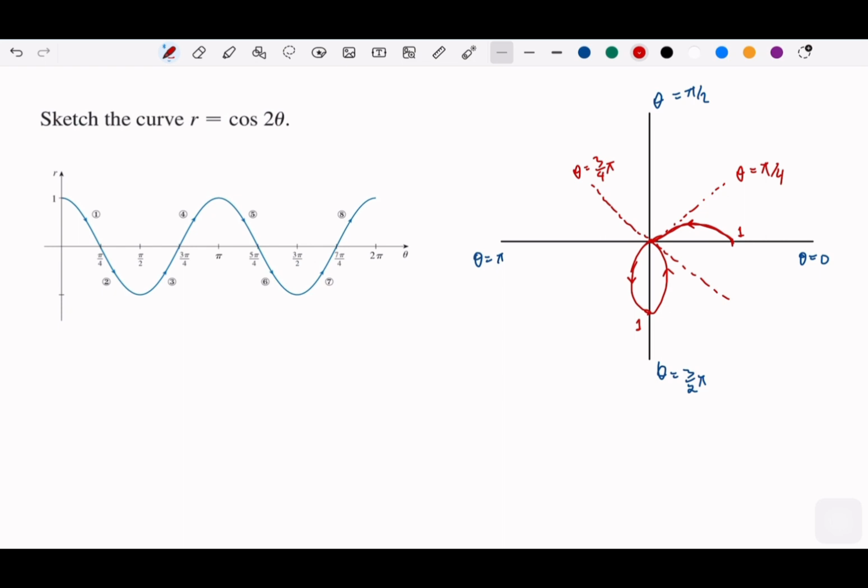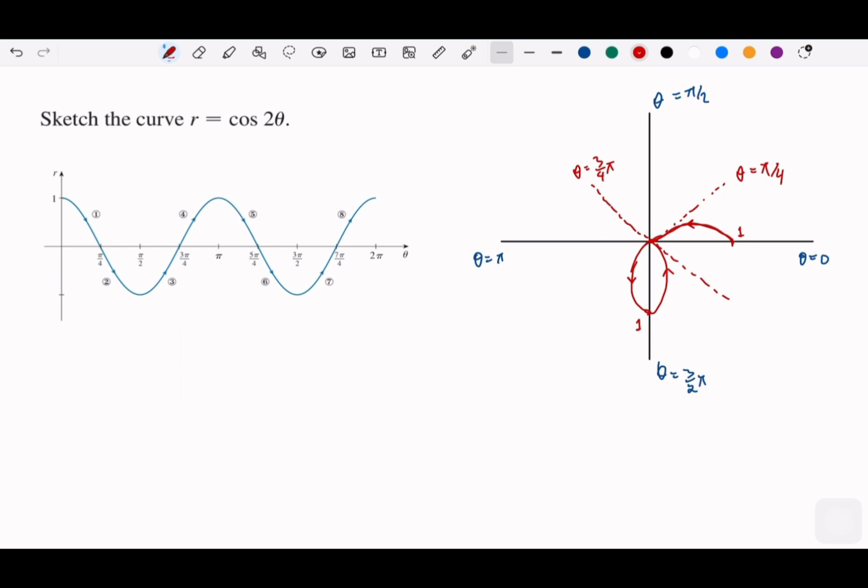Now back to the positive, we move through 3 pi over 4. We move on through the pi. From here, we move through pi, which is the maximum now. It's 1, so it's going to be like this. Back to the original track, not the negative track.